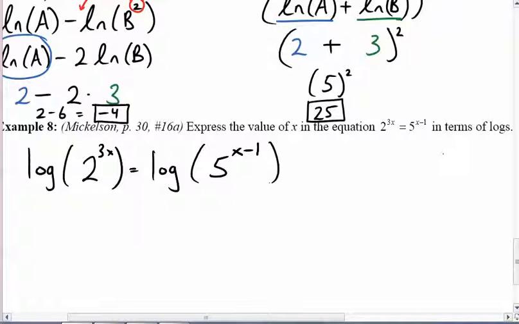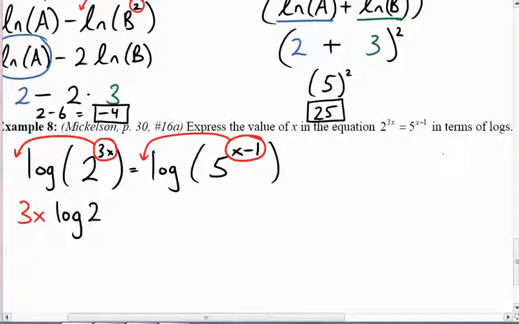And because we only have one single base on each side, we can make the exponents into coefficients. So we get 3x times log 2. Log 2 is just a number. And we get x minus 1 times log 5.